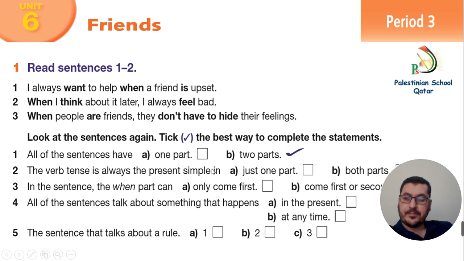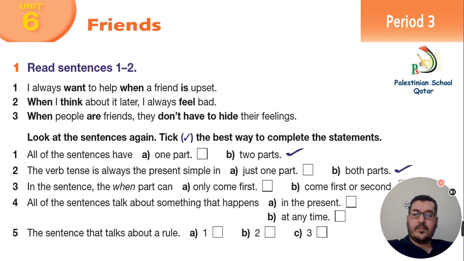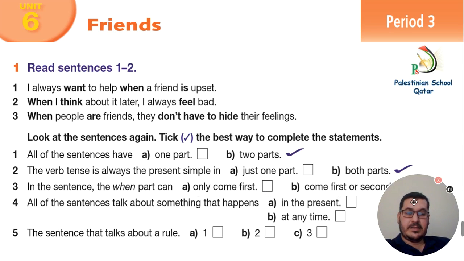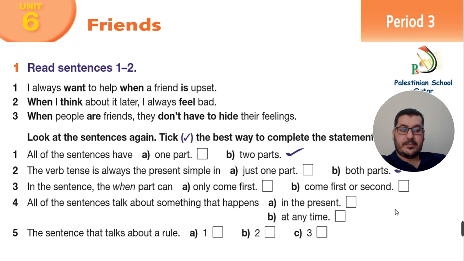Number 2, the verb tense is always the present simple in just one part or 2 parts? Of course, in 2 parts. Number 3, in the sentence, the when part can only come first, or second? Yes, it comes first or second.